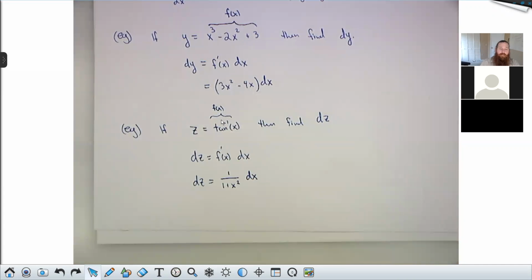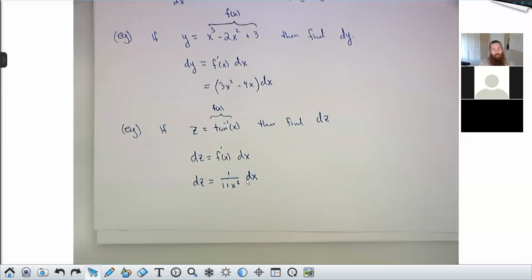And you could read this as saying, if you want to find the little vertical change in the function f of x, you could take the little horizontal change in x and then multiply by this, and that would tell you about how much you go up. There is a meaningful connection here to linear approximation, but it's not worth even discussing in this notation because dz and dx are infinitesimal.